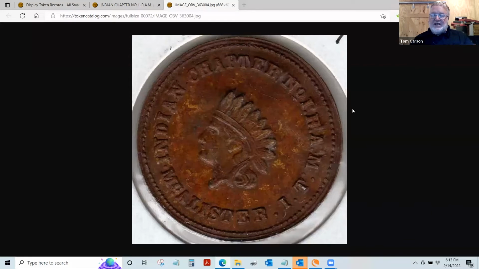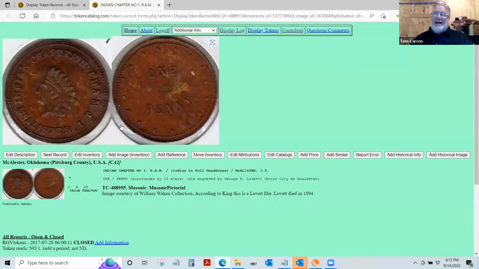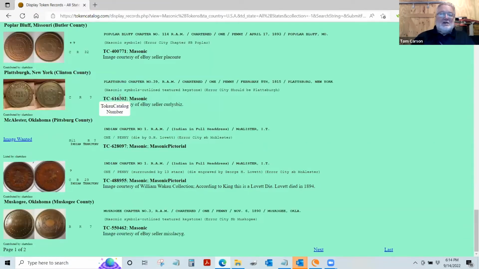And this one's Indian Territory. It's a really nice penny, extremely rare. Most of the Lovetts are rare because he died in 1894, and the first collectors of Masonic pennies weren't until right around 1900. And it was hard to find, and they didn't know about a lot of them.